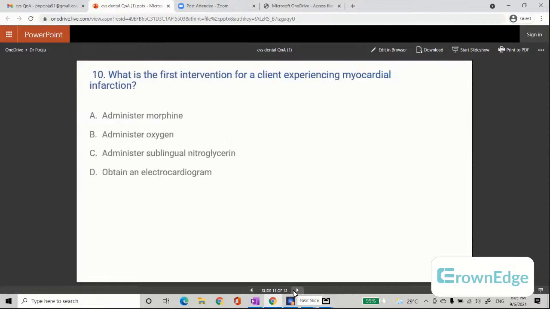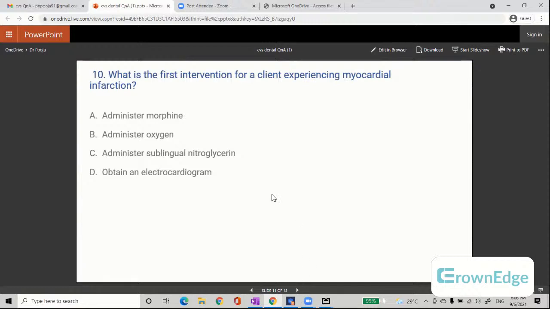Let's move on. What is the first intervention for a client experiencing myocardial infarction? Suppose you are doing some dental surgery or dental extraction or any other surgery, and suddenly the patient feels chest pain, and you suspect that the patient is developing a myocardial infarction. What are you going to administer as the first step?